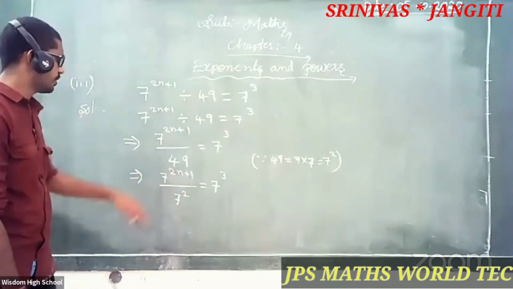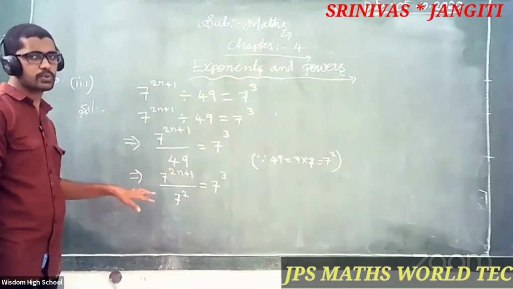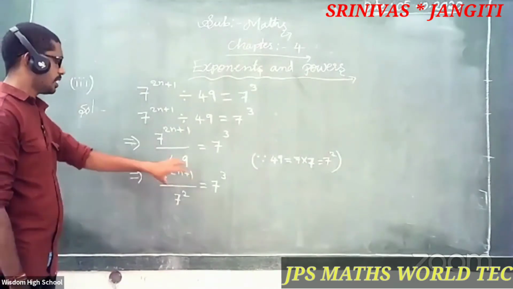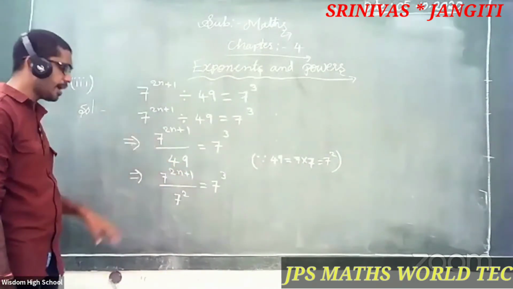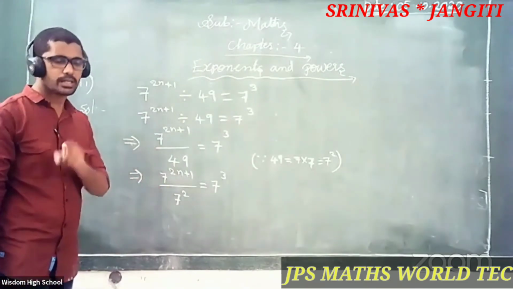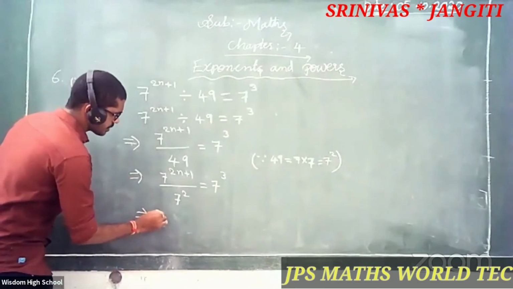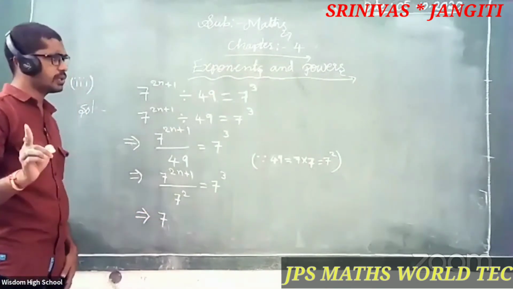Yeah, like that. Now here, observe the left side of this equation. Yes, it is looking like x to the power of m divided by x to the power of n. Am I right? Yes. That implies x to the power of m minus n only now.